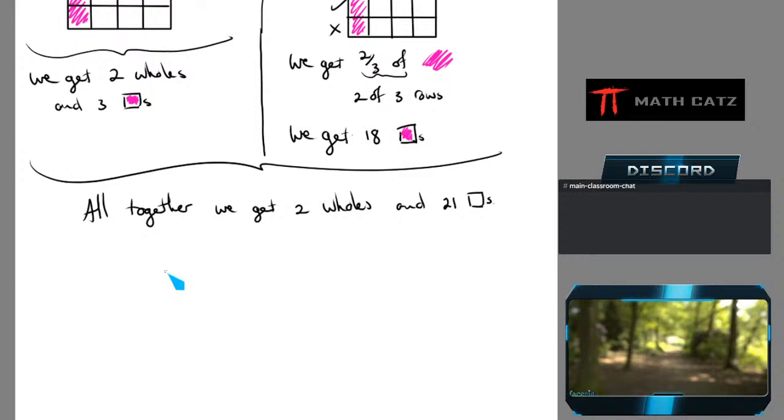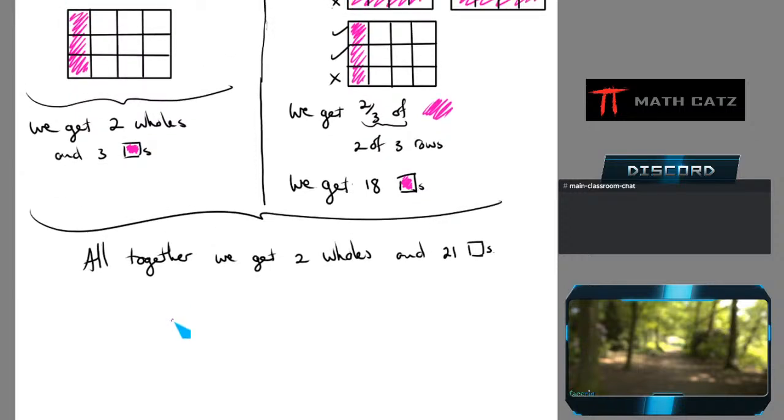So now I want to see how much does it take to make a whole rectangle. Standard sentence, it takes, how much? 3 rows of 4, so 12 pieces to make a whole rectangle.